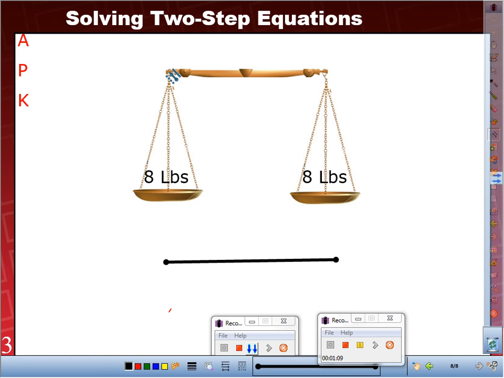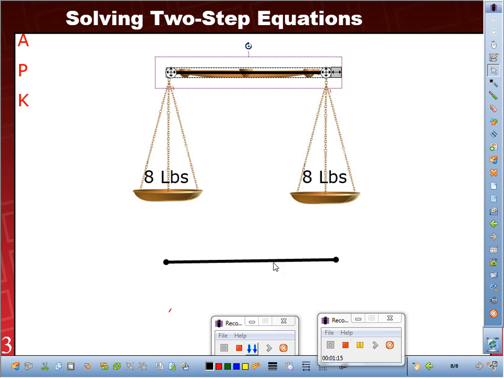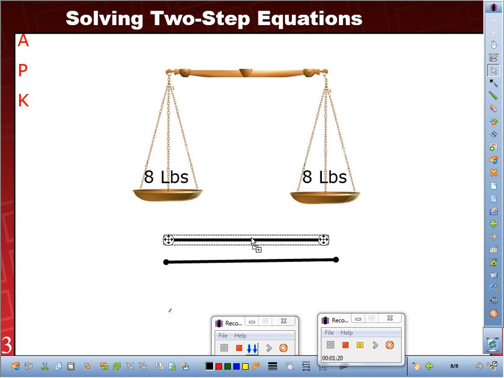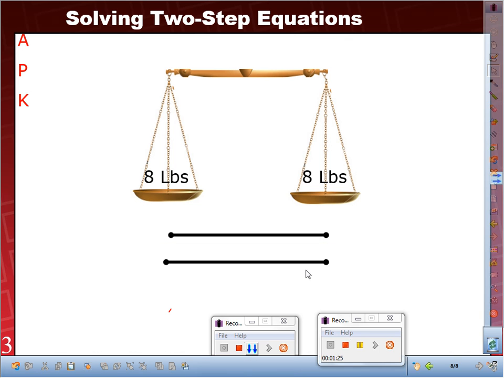And then the bar of the scale is up here. And I said that's where we get the idea of, if I move this around, what does that look like? An equal sign, right? So therefore, that's where we get that from.